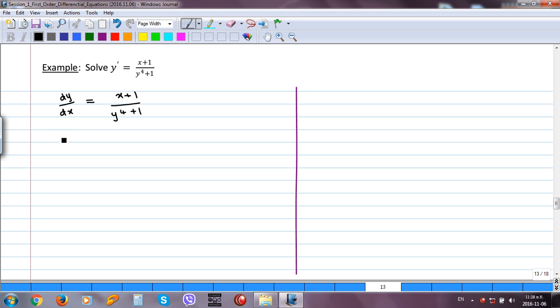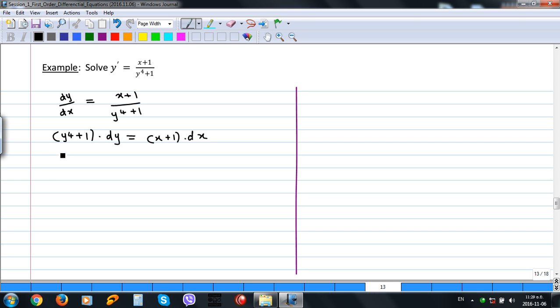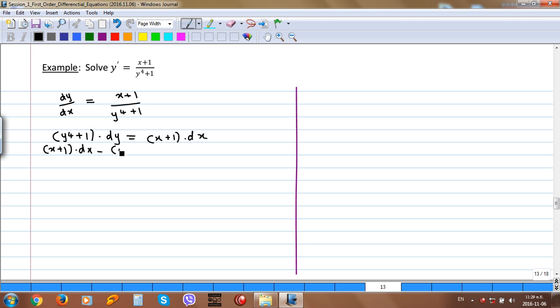Then I do the cross multiplication: (y^4 + 1) dy = (x + 1) dx. So I can take this to the other side: (x + 1) dx - (y^4 + 1) dy = 0.